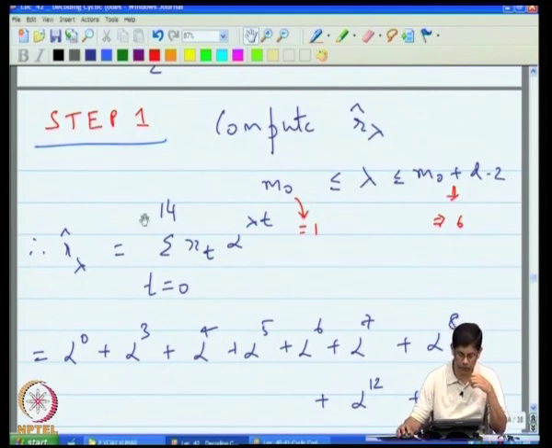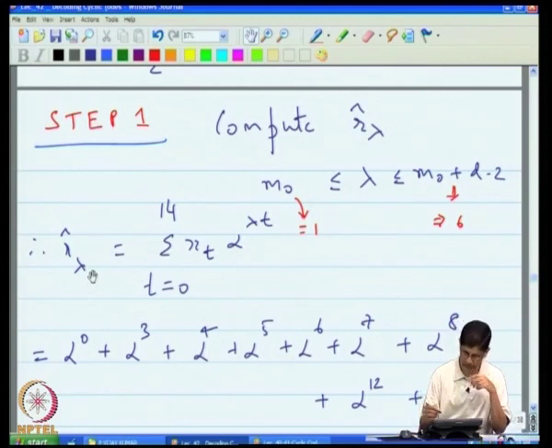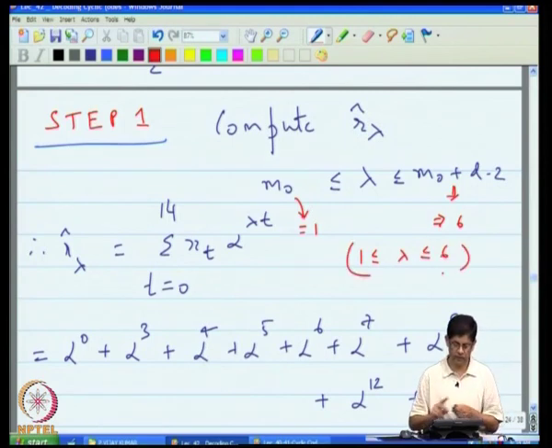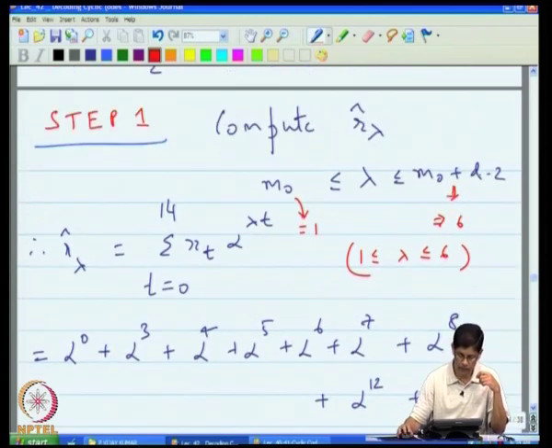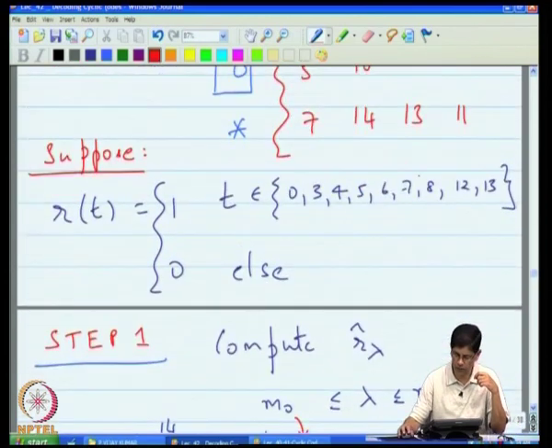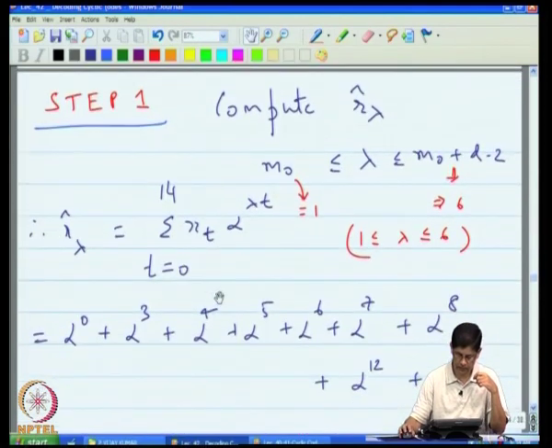So you want to compute the transform for lambda ranging from 1 to 6. That is your range of interest. Now, since r of t is non-zero precisely at these time instants, you have to actually compute this.